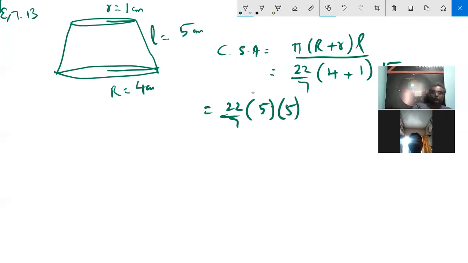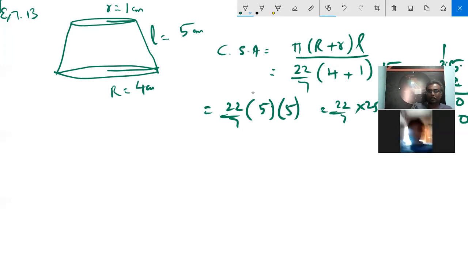Into 5. So 5 into 5, 25, correct? That is equal to 22 by 7 into 25. Now 25 into 22, how much? 2 5s are 10, 2 2s are 4, that's 550.